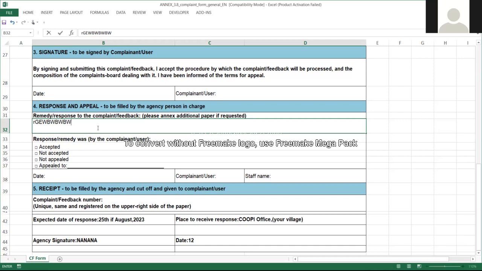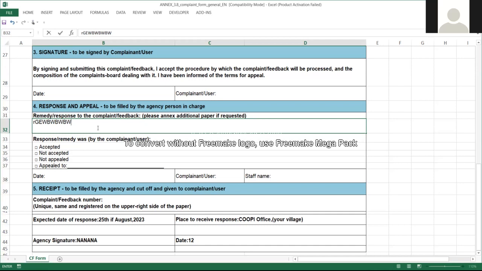I don't accept, but I don't want to go further with appealing, or I don't want to go further, but I'm not satisfied. Still, you have to try to satisfy the person as to why it is not accepted. You explain further. Anyway, it is another option.